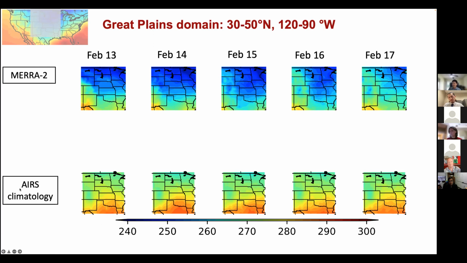But unfortunately, this is an observation from a satellite that has been in operation since 2004. So I only had less than 20 years of data, and I totally understand that depending on how many years of data I use to make an average, it can change this climatology map.